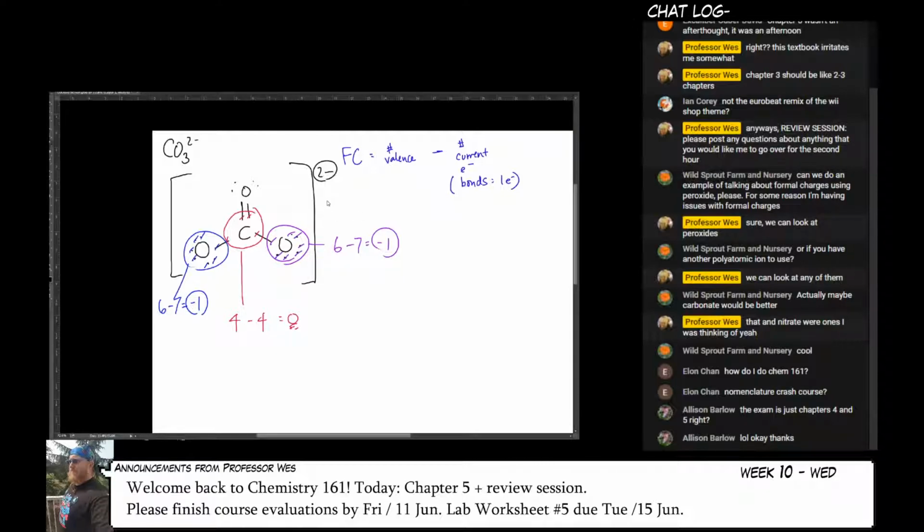And then this last oxygen up at the top here has 1, 2, 3, 4, 5, 6, and because it has the double bond, it has a different formal charge. But you can notice that I have a negative and a negative, so I have 2 negative. So all the math checked out.